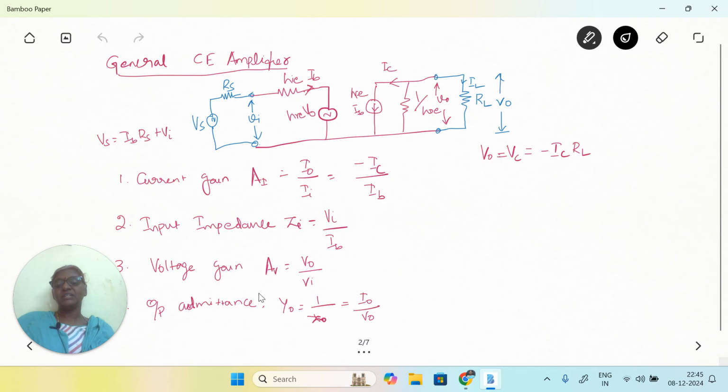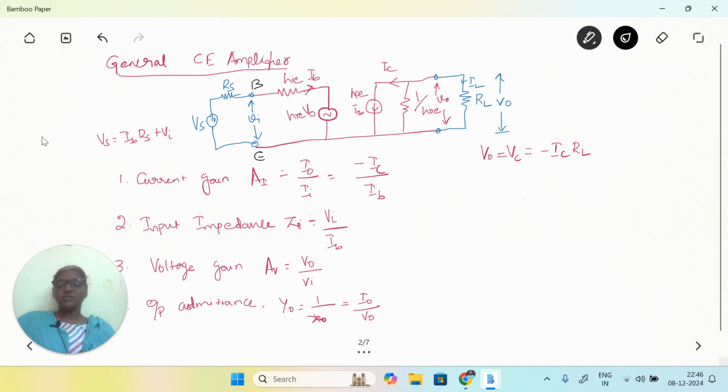This is the current limiting resistance of the voltage source, and Vs and Vi are different voltages. Vi is the input voltage, the voltage supplied across the base and emitter terminals. This is the base terminal and the common terminal is the emitter terminal.